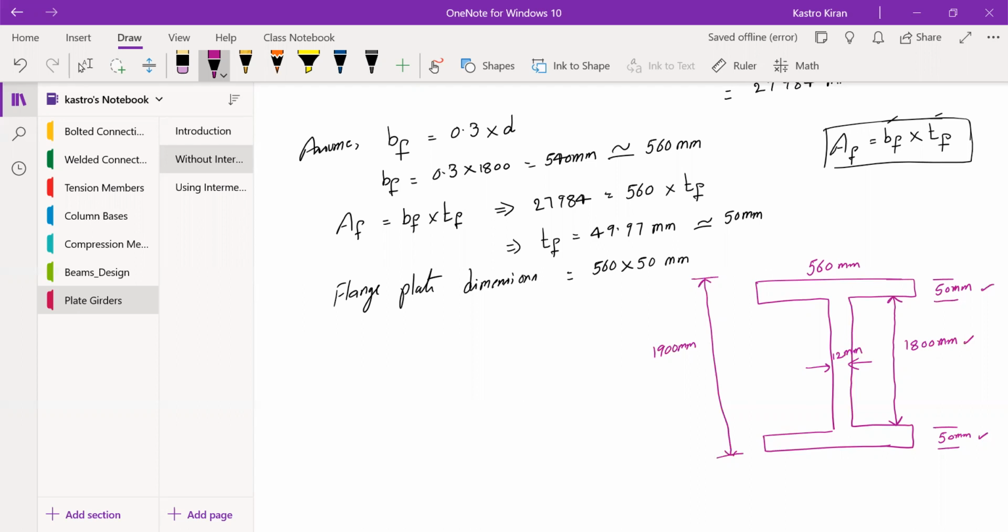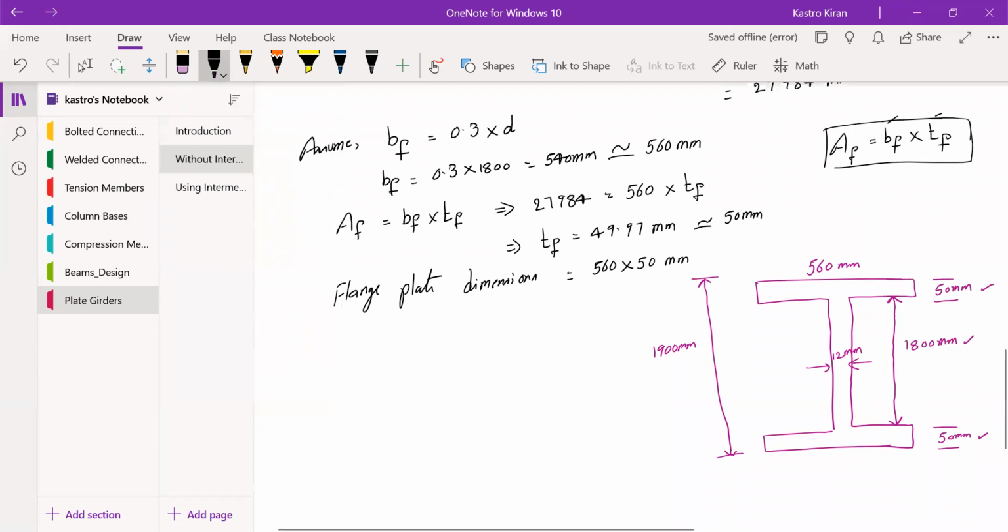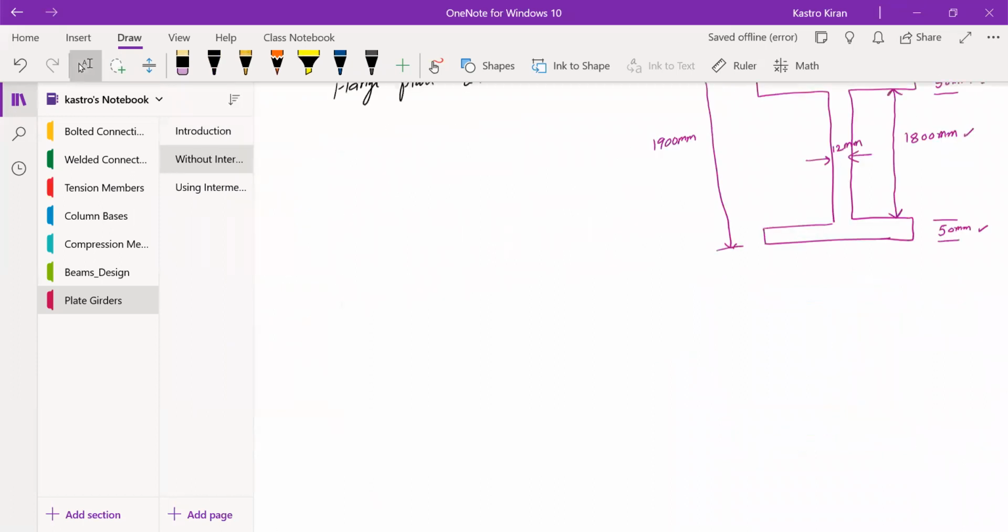Fine. I hope it is clear for all of you regarding design of flanges, design of web, and design of forces. Now let's go for the next step, which is classification of flanges. Now you need to know which class the flanges belong to. Is it class 1, class 2, class 3, or class 4? You know, the plastic, compact, semi-compact, and slender.